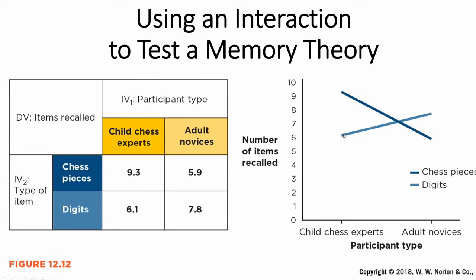But when we were looking at digits, the child chess experts recalled fewer digits than adult novices did. So we're seeing that while adults have a better memory overall, so for digits, than the children did, the children have a better memory than the adults in a domain that they have more knowledge. So in the thing that they are experts in, they have a better memory.